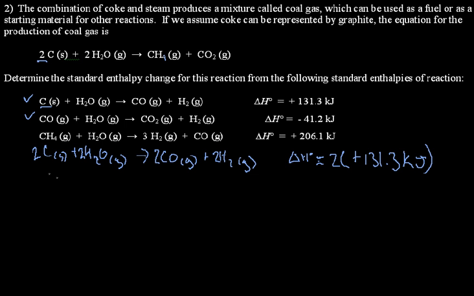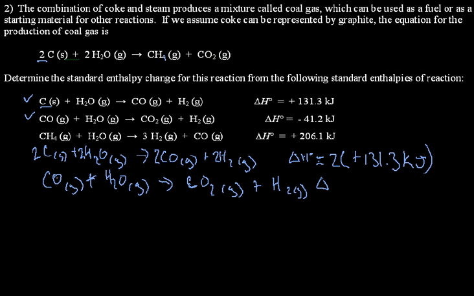So we've got carbon monoxide gas plus water as a gas, or steam, I guess, produces carbon dioxide plus hydrogen. And our delta H naught for this one is going to stay our negative 41.2 kilojoules that we had up here.